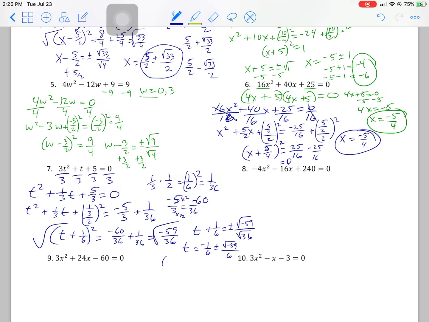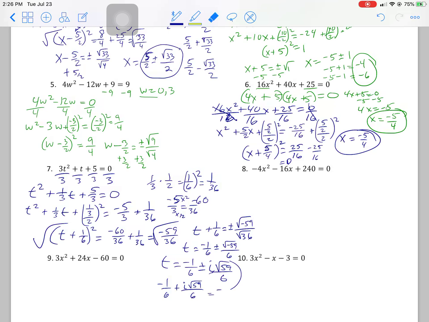The only thing left that you have to do is you see how you're left with a negative radicand, so that has to come out. So negative 1 over 6 plus or minus i square root of 59 over 6. Goodness. So negative 1 over 6 plus i square root of 59 over 6. Or you can throw that all together.